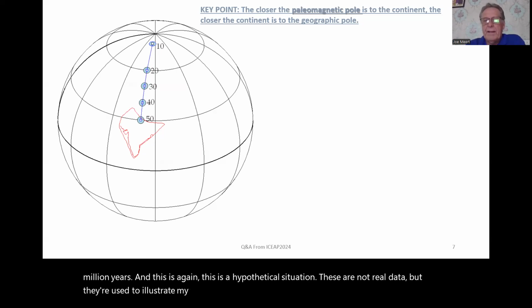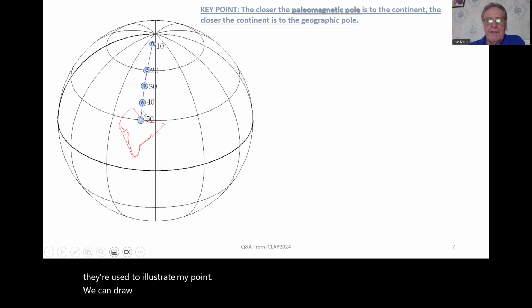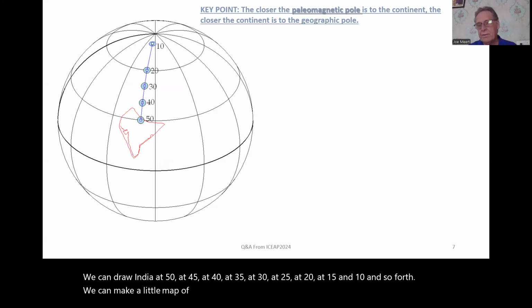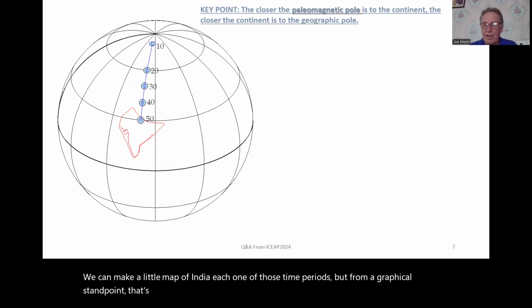We can draw India at 50, at 45, at 40, at 35, at 30, at 25, at 20, at 15, and 10, and so forth. We can make a little map of India at each one of those time periods. But from a graphical standpoint, that's all. This is just a graphical, illustrative concept that paleomagnetists came up with.